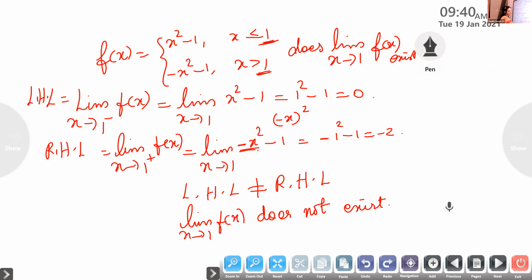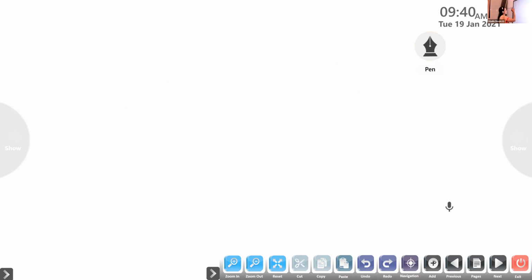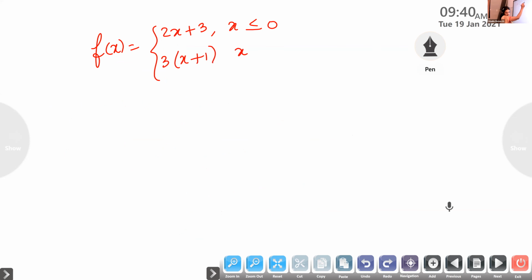Find whether limit as x tends to 0 of f of x exists, where f of x is equal to 2x plus 3 when x is less than or equal to 0, and 3 into x plus 1 if x is greater than 0.